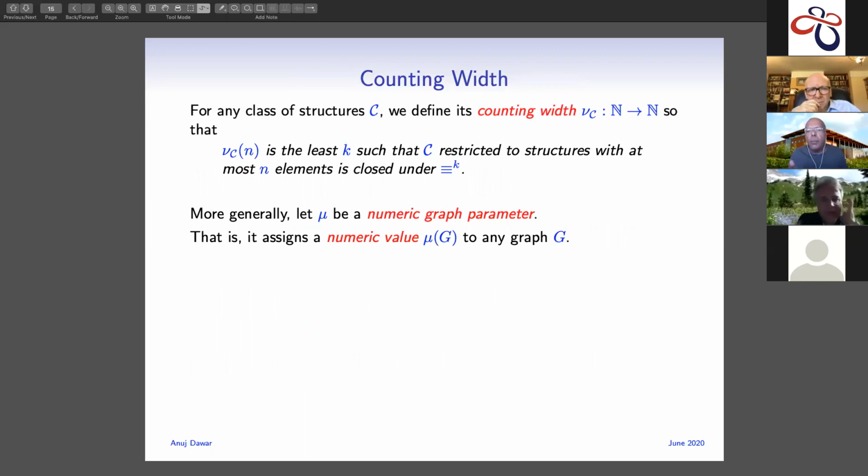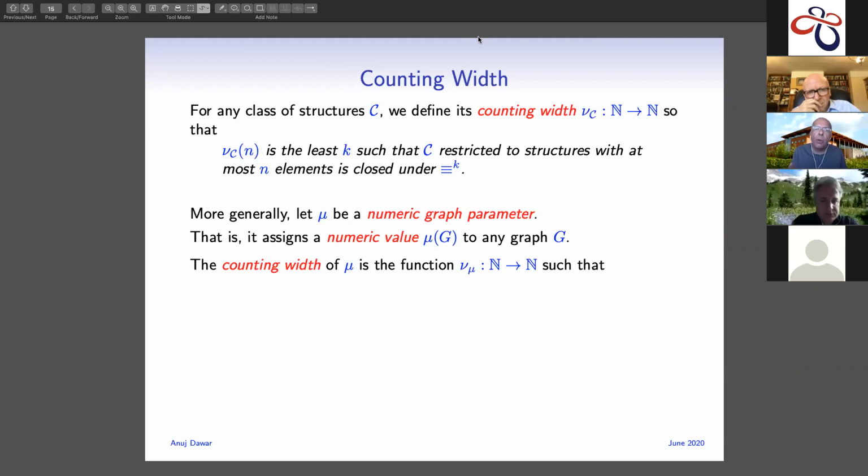So the point is that if you were looking at something like the number of connected components, it turns out that the counting width would be bounded by something like 2 or 3, right? Once two graphs are 3 equivalent, then they have the same number of connected components.